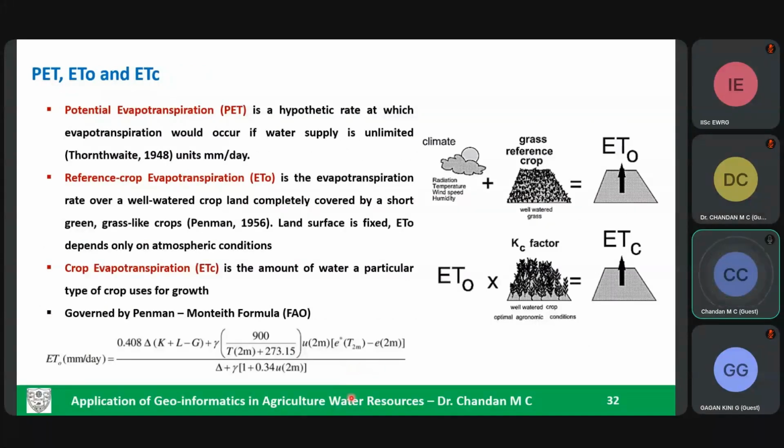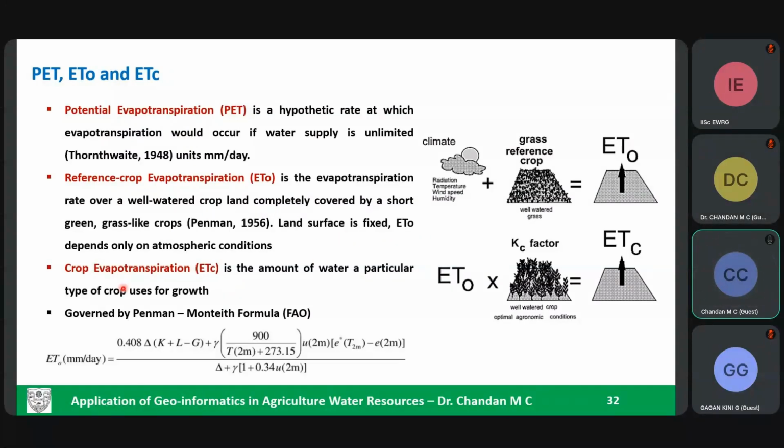And certain other terms which concern agricultural water management: we have the potential evapotranspiration. This is of course a hypothetical situation where evapotranspiration could occur with unlimited water supply. And we have the reference crop evapotranspiration, that is basically for a standard height of grass that is taken, and how much water it is consuming. So that is called the reference crop evapotranspiration.